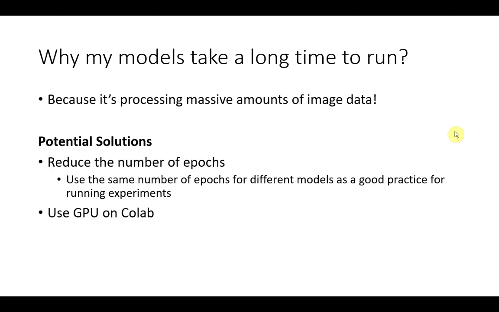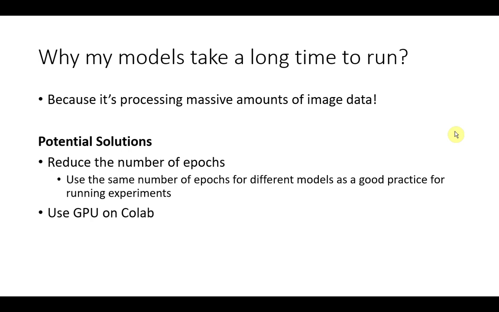A couple of things that you can do, because you're comparing models in terms of their other features, we're not asking you to see the effect of epochs. So you don't have to run a lot of epochs. As long as you're comparing apples to apples, comparing all these different models using the same number of epochs, you're still running a pretty fair experiment.